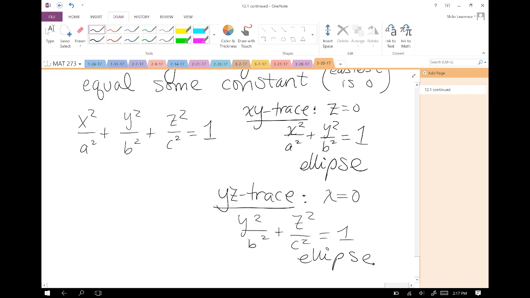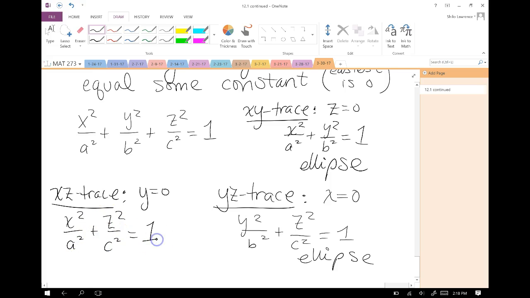And then there's one more trace we can check, xz trace. And what do we do to find our xz trace? We're going to set y equal to 0. And what sort of curve will that create? An ellipse. So no matter how we slice this thing, we're always getting ellipses.